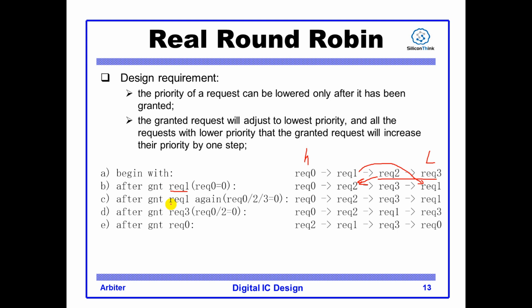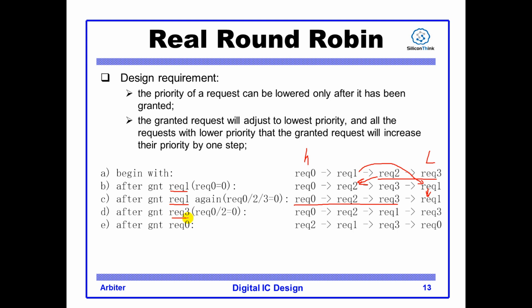So if we grant request 1 again, the priority of the higher part will keep, and request 1 will be the lowest.